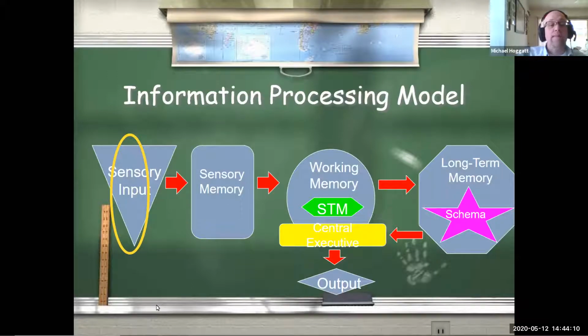This sensory memory is where we hold on to sensory information for a fraction of a second. If we do not attach meaning to the information or organize the information in an intentional manner, we lose it. If we don't encode it, we lose it.